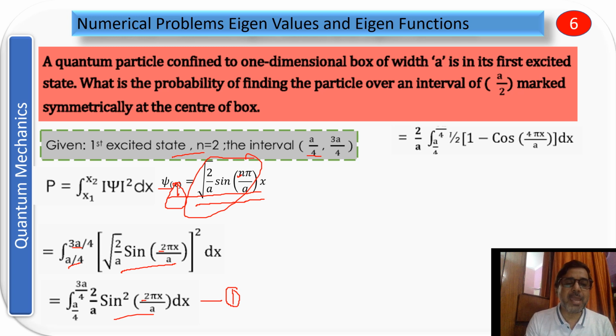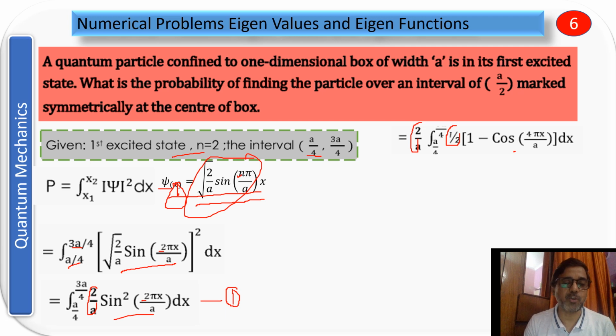So 2 by a is your constant. This I have taken out of the integration, and this has been multiplied by 1 by 2 and also divided by 1 by 2, and therefore it has become 1 minus cos 2a, that is 2 sine square a by 2.